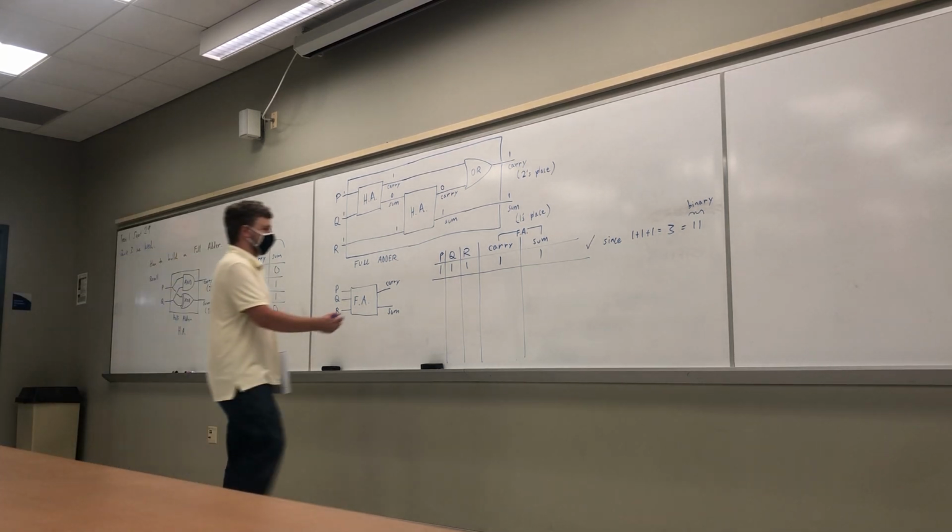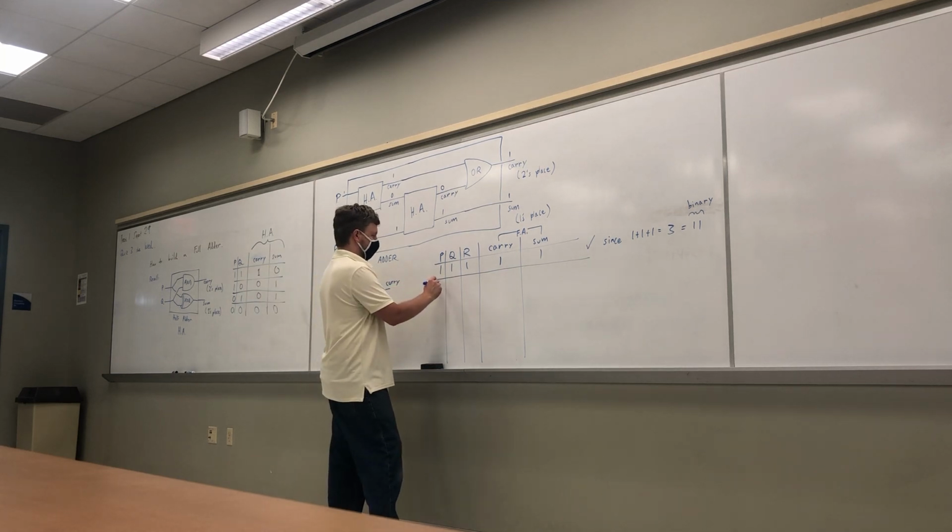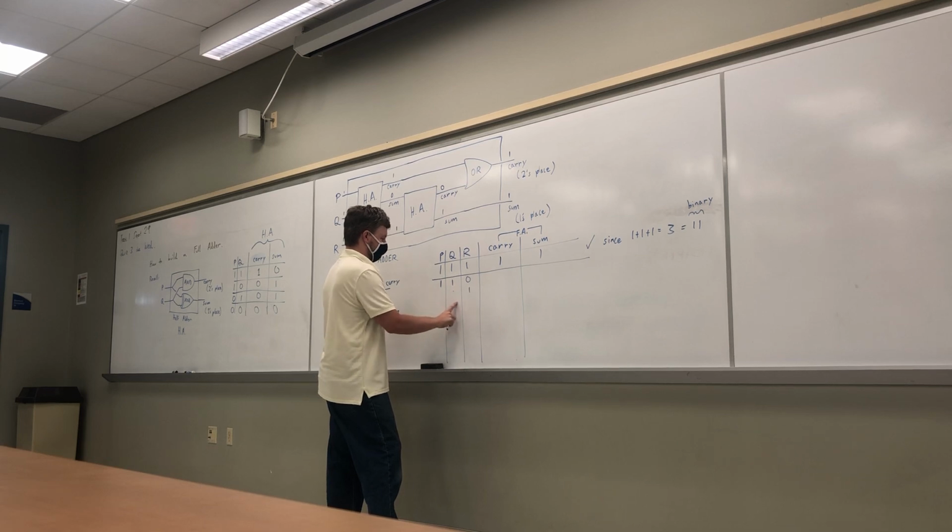Here's the rest of them now. So if you had in 1, 1, 0, or 0, 1, 1, or 1, 0, 1. Well, what is the normal way that I write this? I try and stick to it.